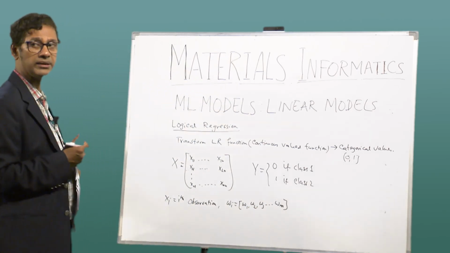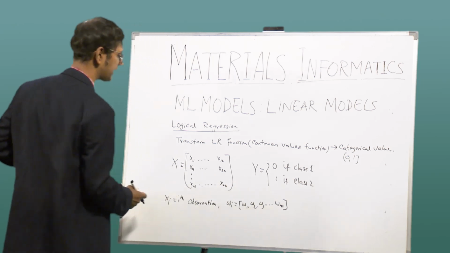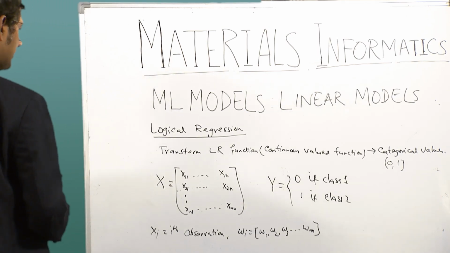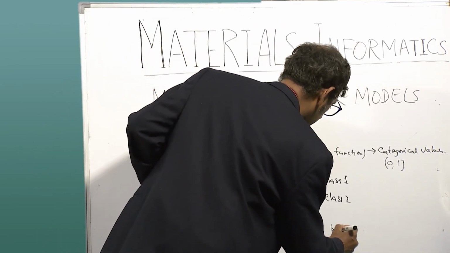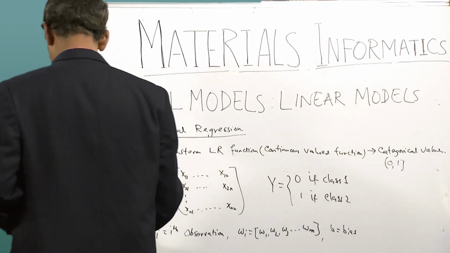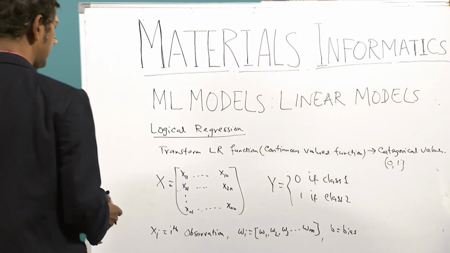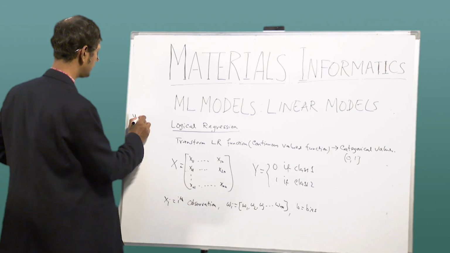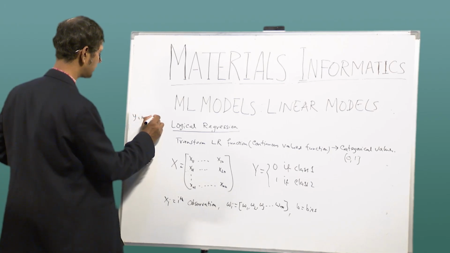You can go back to my regression analysis. You always put weights on each of these variables, and b is the bias. Bias is nothing but the intercept, weights are nothing but slopes, right. So, you know that y is equal to mx plus c, right.